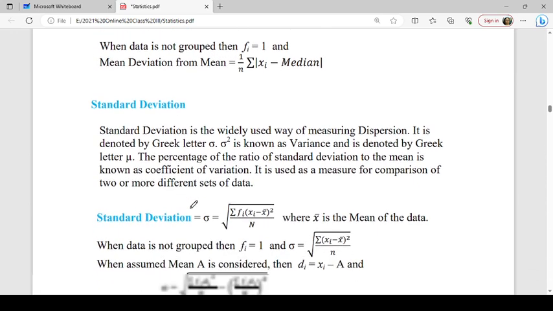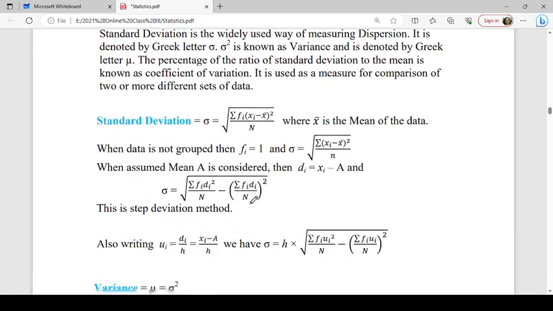Then standard deviation is this one. For the standard deviation, this is the formula: summation fi (xi minus x bar) whole square, where x bar is the mean of the data. And sometimes we use this formula also. This is the shortcut method, as we did there.